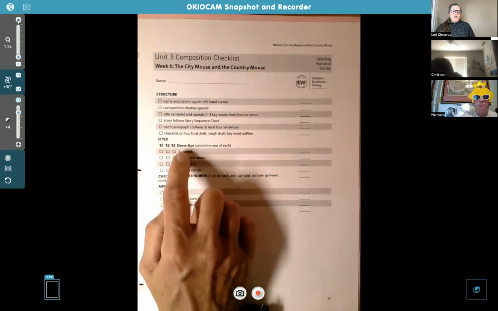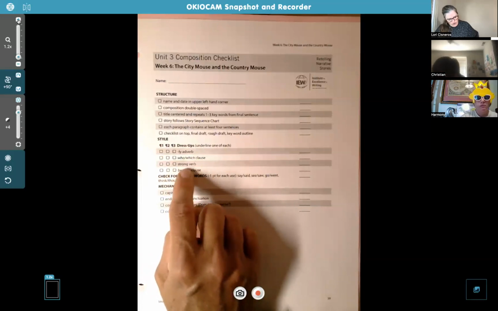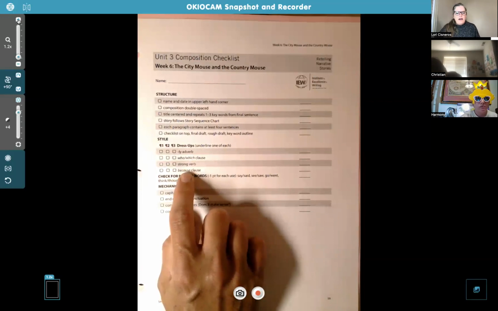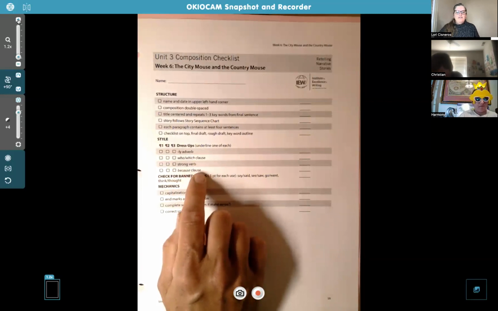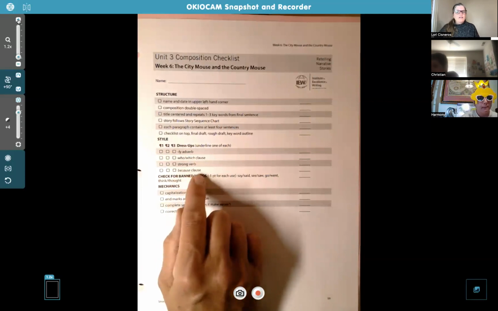We have 1, 2, 3, 4. We have a new dress up word. We didn't have that before, right? Let me check. No, we didn't. So that's something else. We'll add that next week on our other list. But now we have a because clause. LY adverb, who, which clause, strong verb, and because clause.